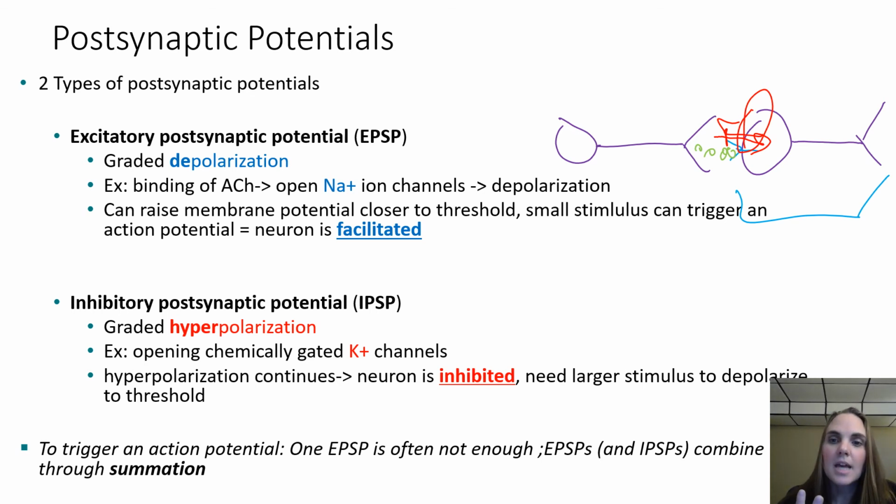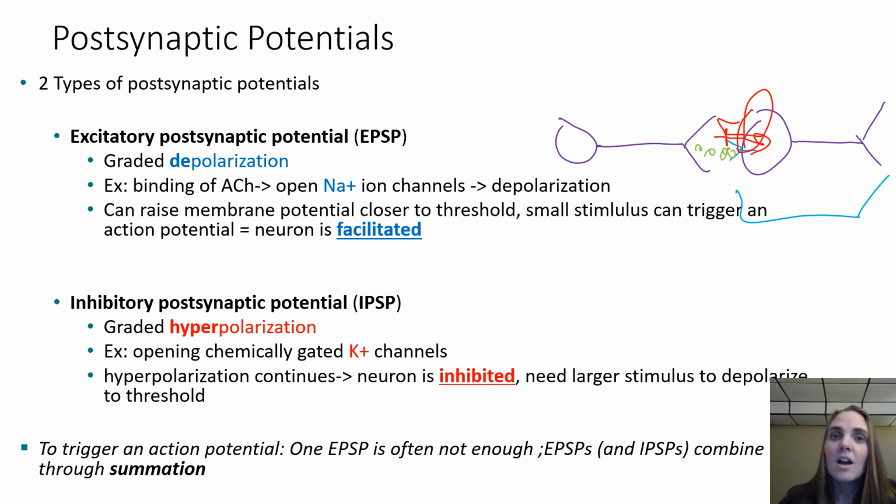So we have two different types of postsynaptic potentials. We can have an excitatory postsynaptic potential, these are tongue twisters, where we've got a graded depolarization of the postsynaptic membrane.